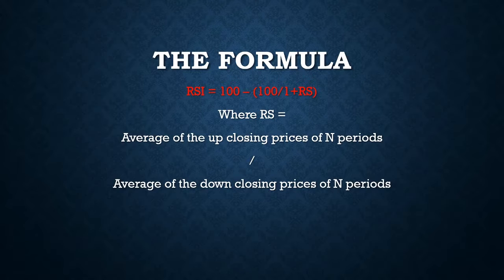Of course, n is the number of periods that the RSI will be calculated for. Mr. Wilder himself preferred the number 14, but of course other people use other numbers. So the relative strength is calculated by dividing the average of the up closing prices of n periods, let's say 14 periods, by the average of the down closing prices of the 14 periods as well.